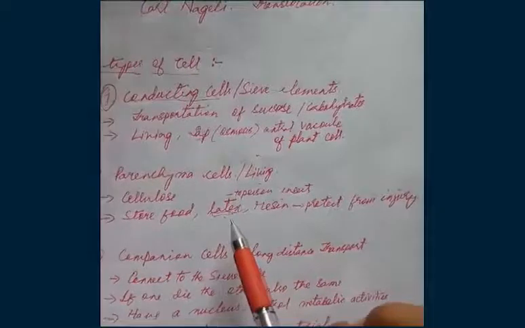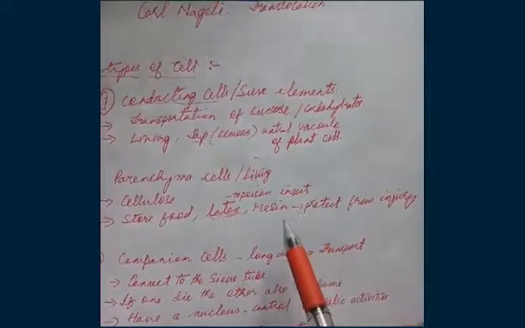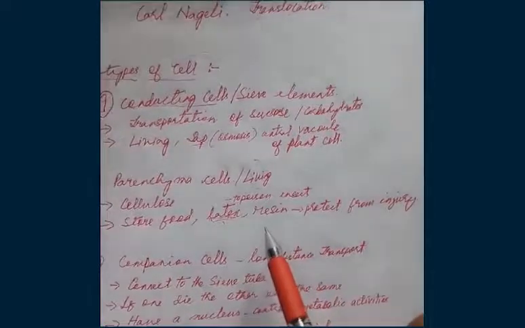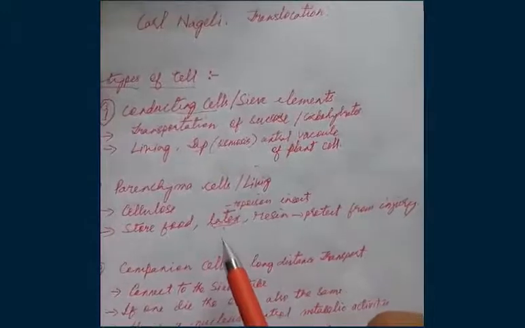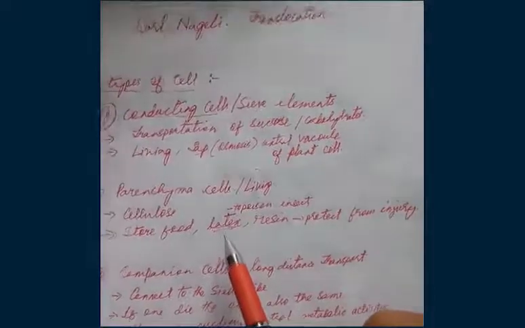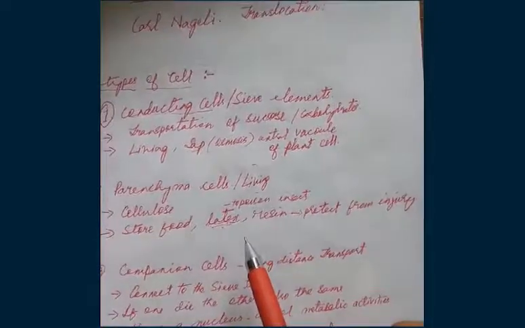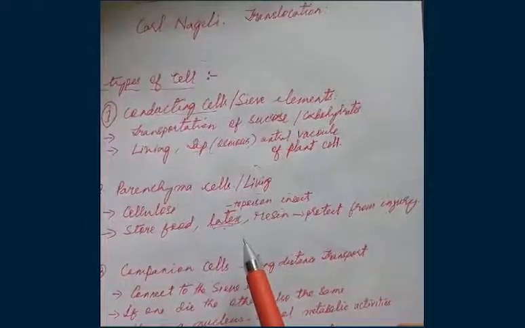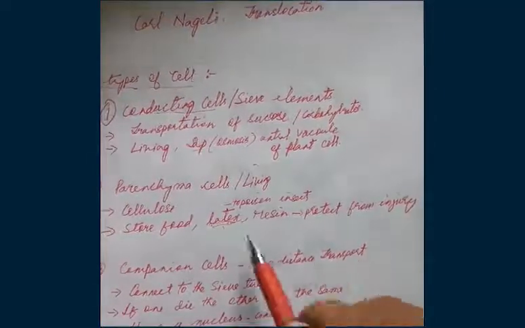The main function of this one is to poison the insects that are herbivorous. That means those insects which destroy the plant. So with the presence of this latex, the insect might not have the taste to eat the plant.